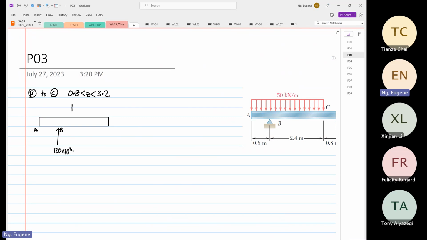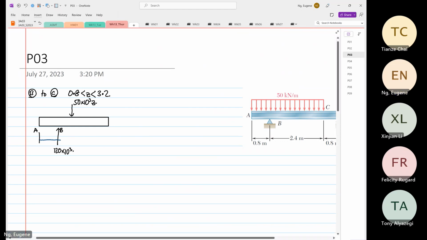You have an evenly distributed load, which is 50 times 10 to the power 3 Z. So this distance from here to here is equal to Z.